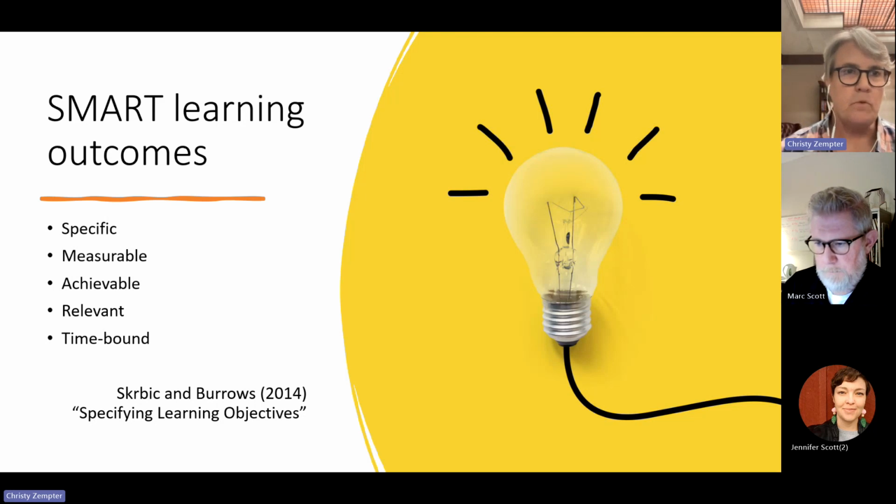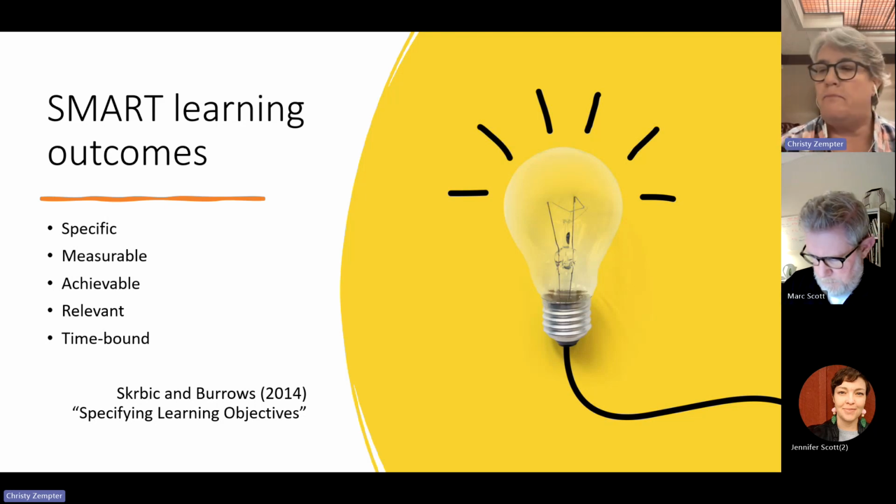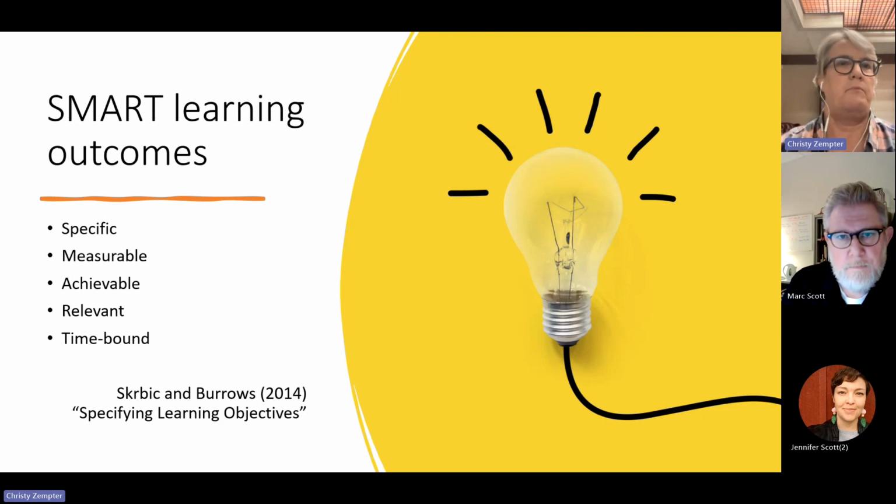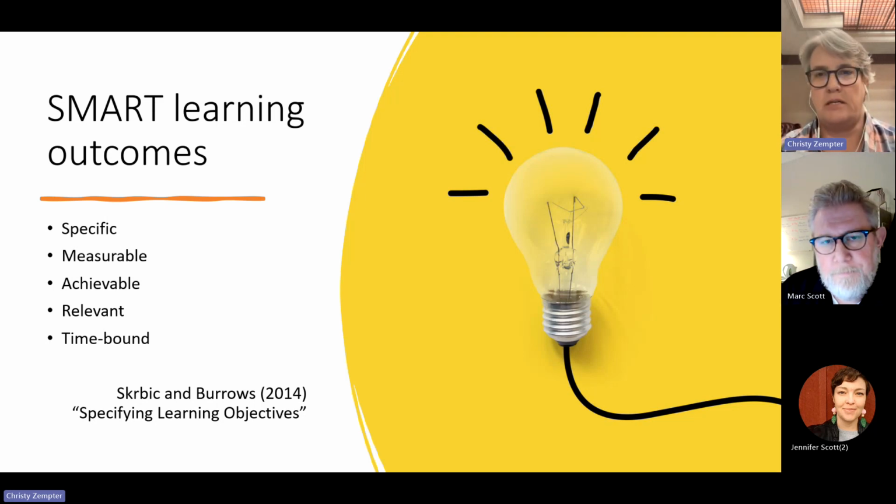So the SMART learning outcomes, this is from Skirbick and Burrows. They focus on these five areas as you are developing your specific learning outcomes for a class. So the first is be specific. It can be easy to say something broad like, I'm going to provide an example here in just a few moments from my introduction to communication class.